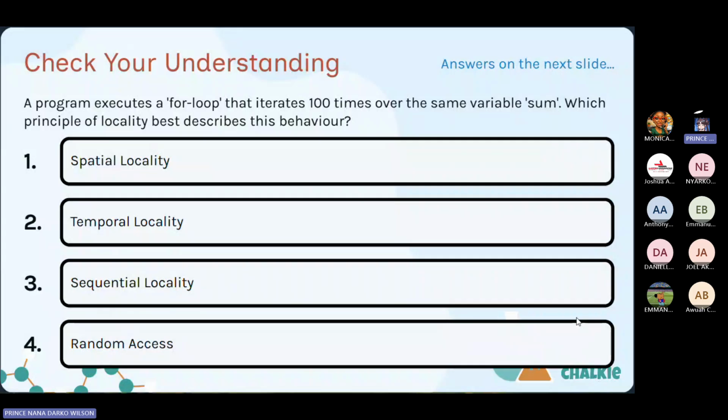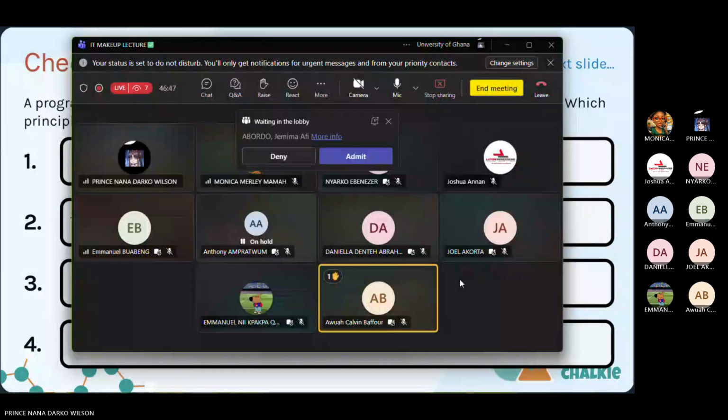How many people are on this meeting? Okay, let's start with Mr. Emmanuel Boabeng. Do you agree? If you don't agree with the answer, your hand is down. So what answer do you think it is? Oh, Mr. Boabeng, you're here in the spirit, eh? What about Madam Daniela?